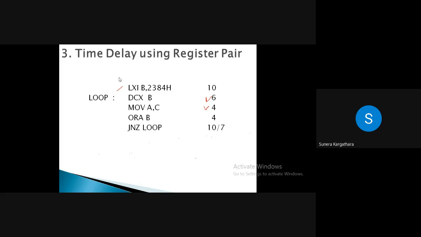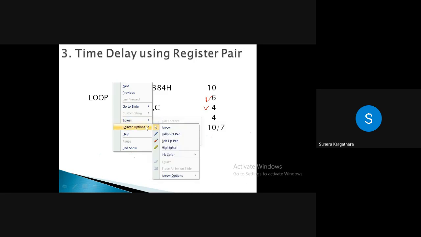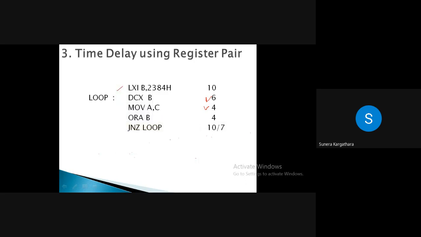Or how many instructions are you writing outside the loop? Which one instruction is outside the loop here? I don't know whether you are getting my voice or not. It's a very simple question, student. Which instruction is outside the loop here? Which instruction executes only once?